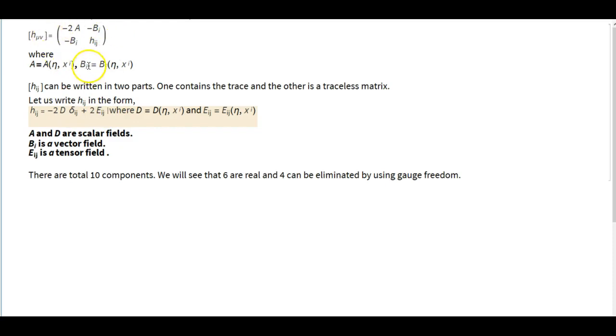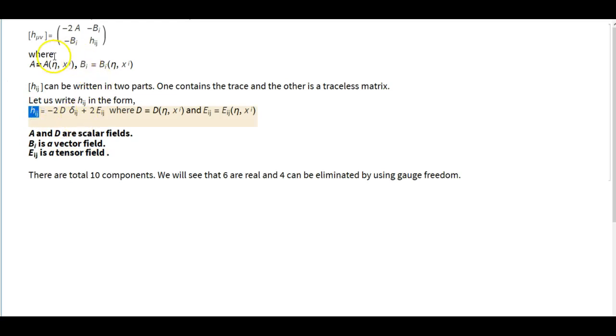So looking at this perturbation in the metric tensor, we can see that there are two scalar fields here, A and scalar field D, which is contained in the trace of hij, and then there is vector field Bi, and Eij is the traceless part of hij.